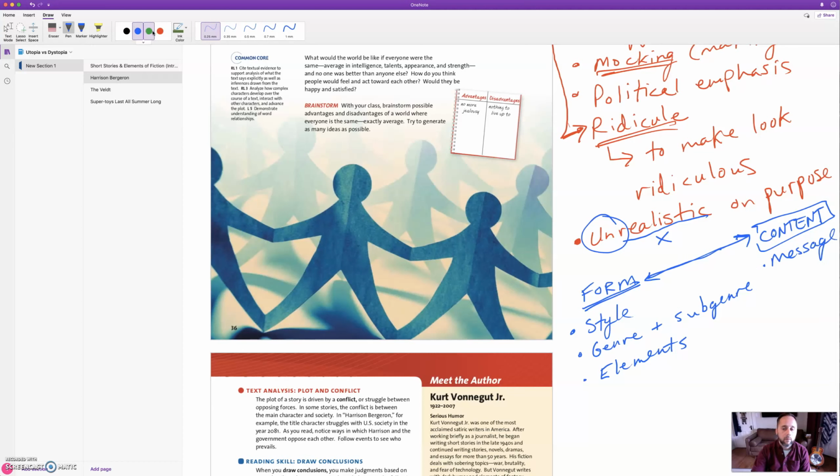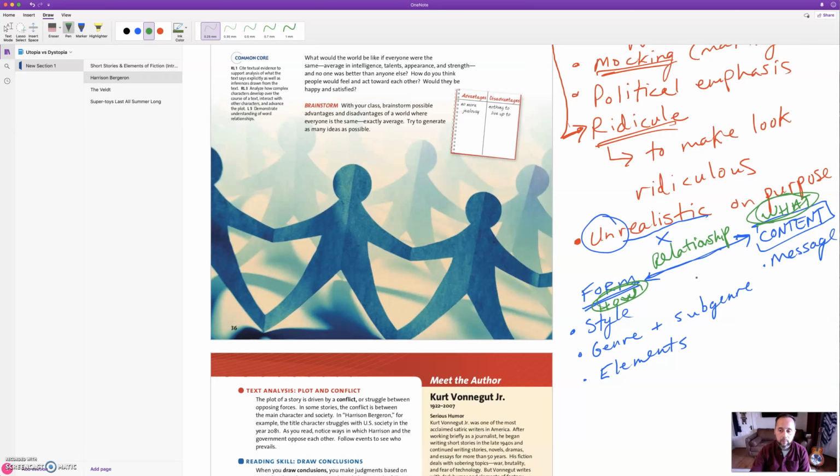Another way to say this is form is how something is said, content is what is said. So we need to find a relationship between the form and the content: how they say it and what they are saying.